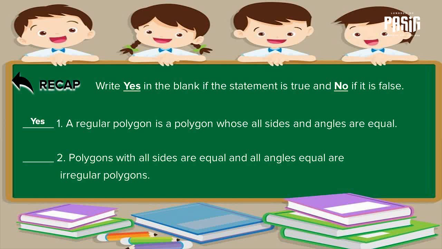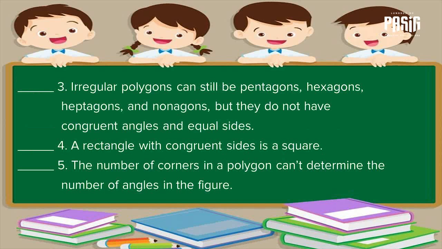The correct answer is no. 3, irregular polygons can still be pentagons, hexagons, heptagons, and nonagons, but they do not have congruent angles and equal sides. The correct answer is yes.